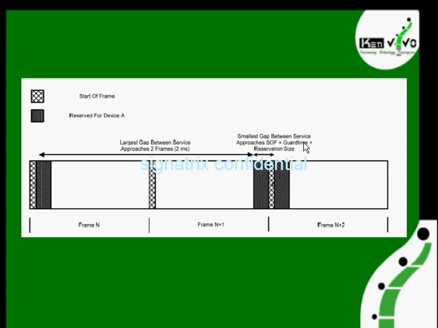The smallest gap between the service approaches start of frame plus guard time plus reservation size. In this slide they have shown both the largest gap and the smallest gap of the service interval.